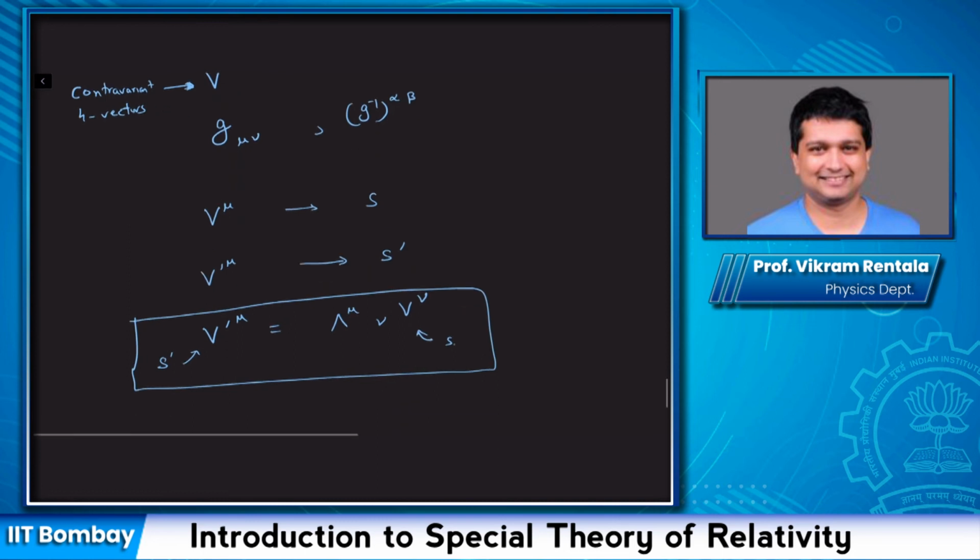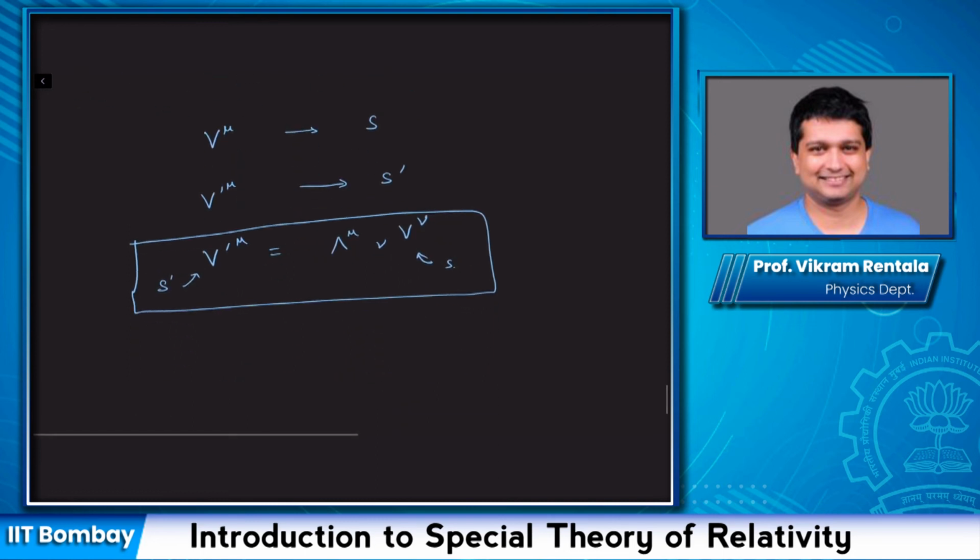And in the special case, for example, where S prime is a frame which is moving along the x direction with the velocity v, the matrix lambda is gamma, minus gamma beta, 0, 0; minus gamma beta, gamma, 0, 0; 0, 0, 1, 0; 0, 0, 0, 1.